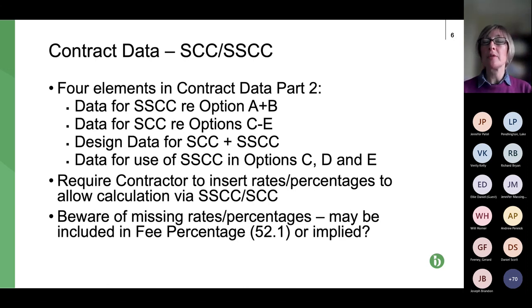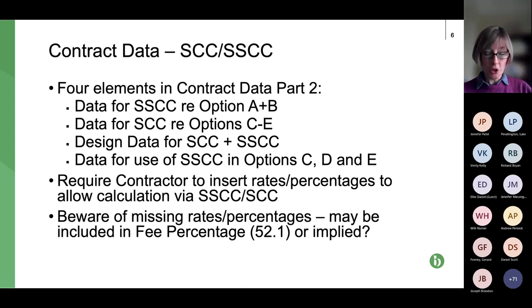And there is a real risk. We managed to settle our matter, so there's no case law to say what would happen, but there's a real risk that you're not entitled to anything where there's a blank on the contract data part 2.